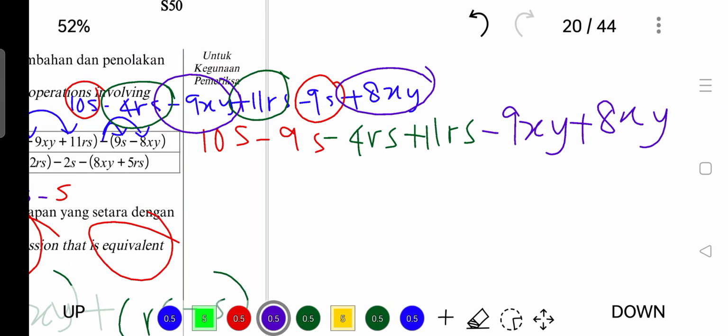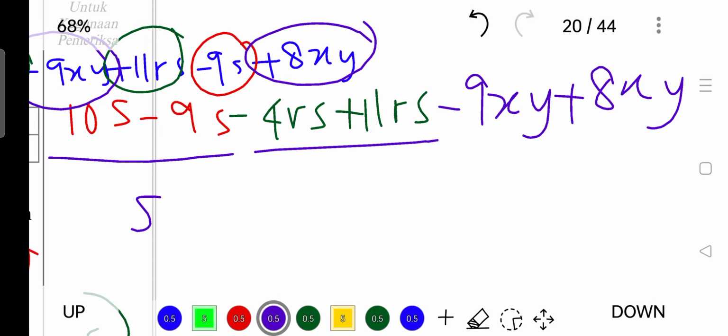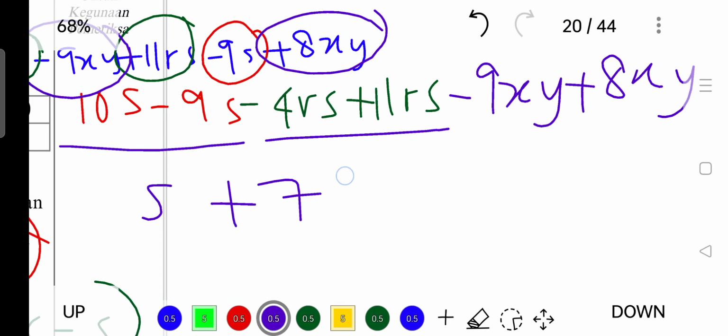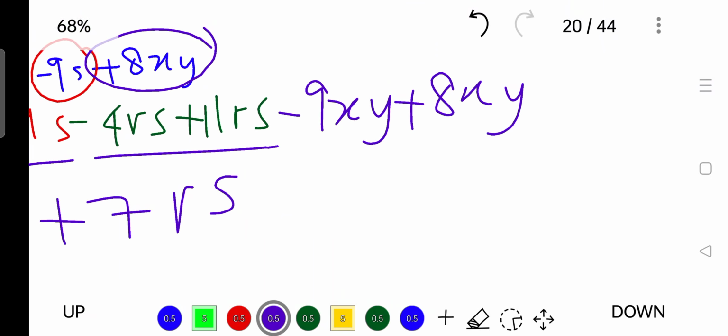So what is the answer for this? No, the answer is plus 7rs, and the last one is minus xy.